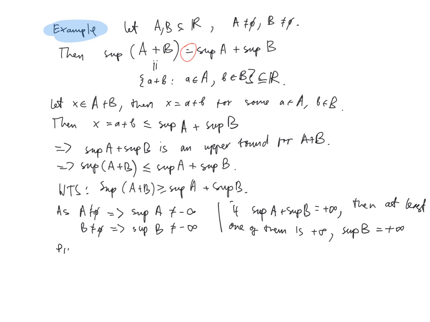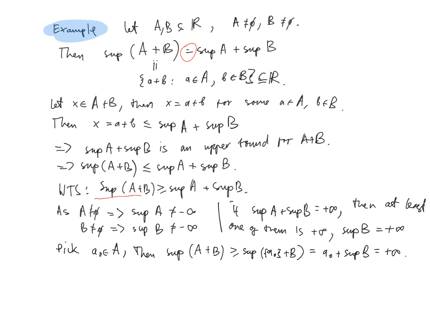So we pick some element a0 in A, and we have that the supremum of A plus B is necessarily greater or equal than the supremum of the set consisting of this single element a0 plus B, just because a0 is an element of A, so this is immediate from the definition, which is equal to a0 plus the supremum of B, which is equal to plus infinity.